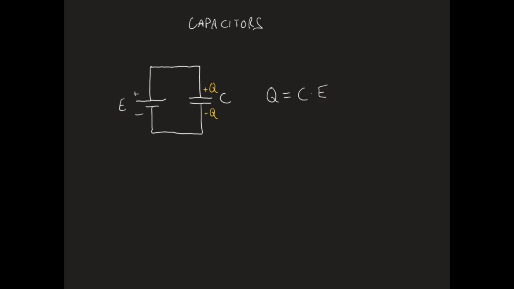On the other hand, if we have a capacitor with capacitance C and charge plus Q and minus Q on the two plates of the capacitor itself, then the voltage Vc across the capacitor will be given by Q divided by C.